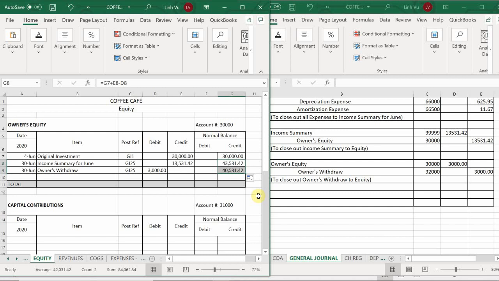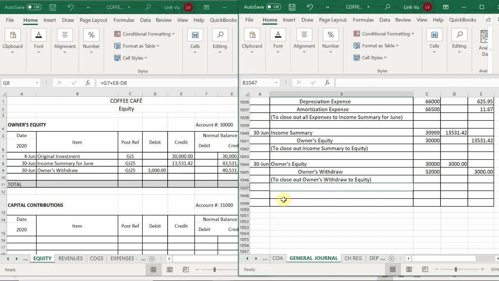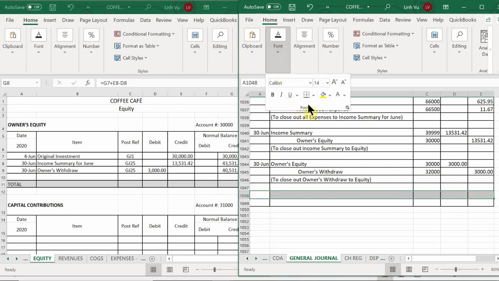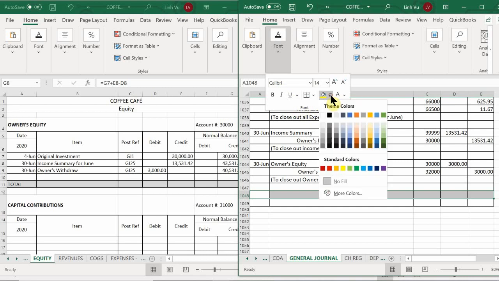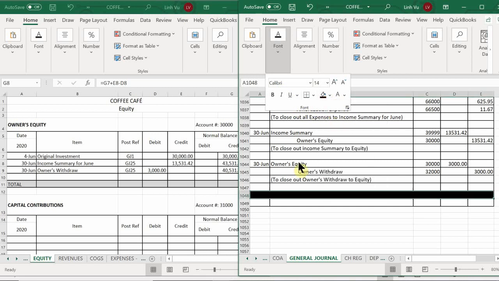We got the statement of equity to match our equity by closing out all of our books. So the last thing that we have to do is our post-closing trial balance. So I'm going to go ahead and draw a line here to say we have completed this entire thing. Yes, was that a question?